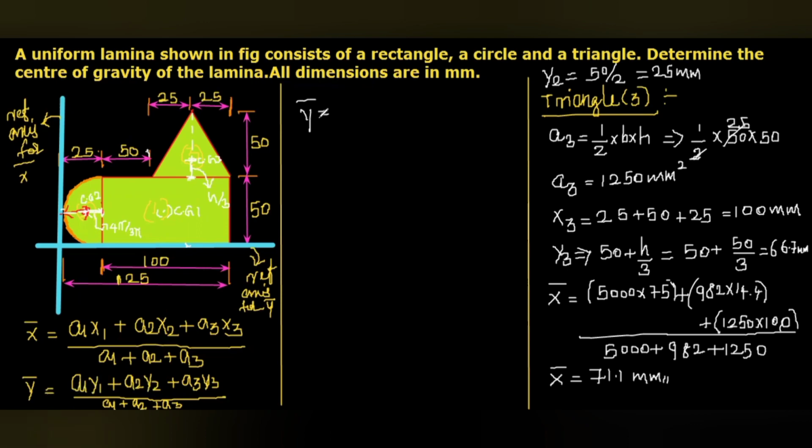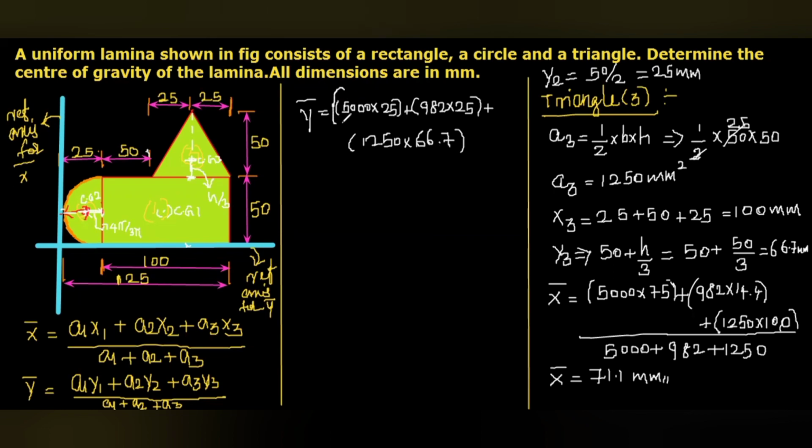So here for y bar, a1 we calculated, that is 5000 multiplied with y1, that is 25 mm, plus a2, that is 982, multiplied with y2, that is 25 mm, plus a3, that is 1250, multiplied with y3, 66.7.